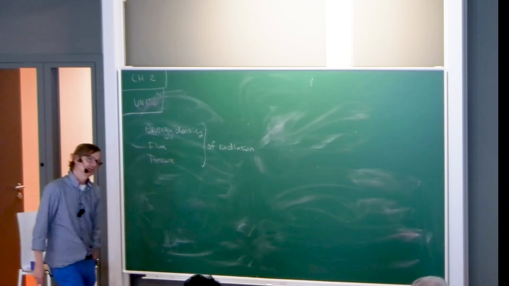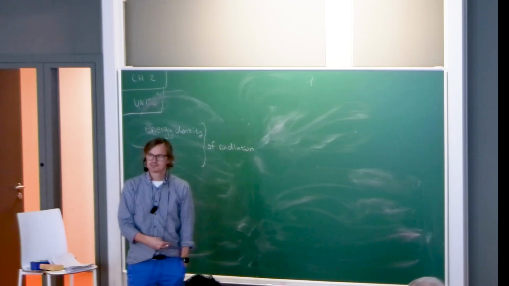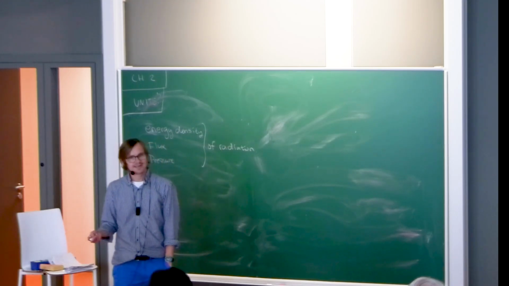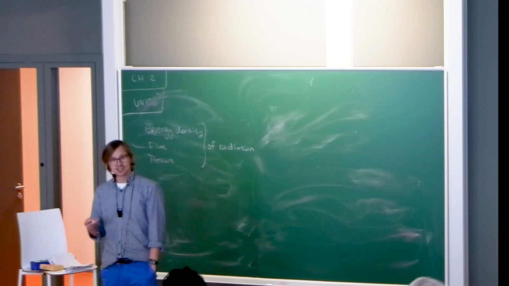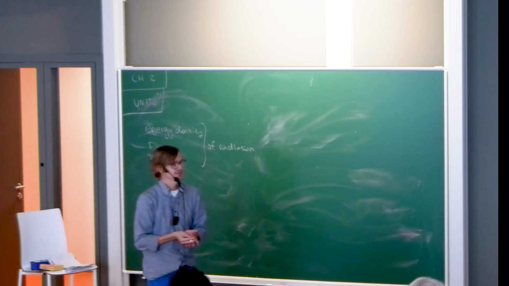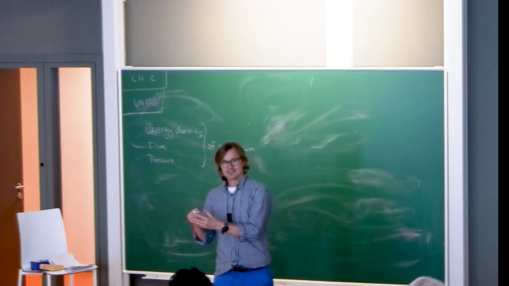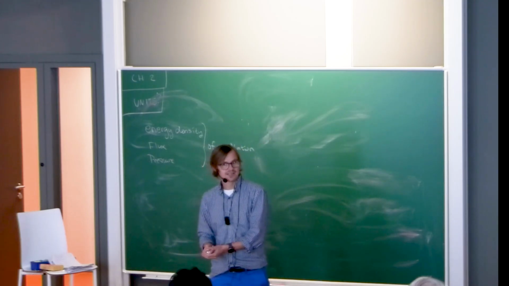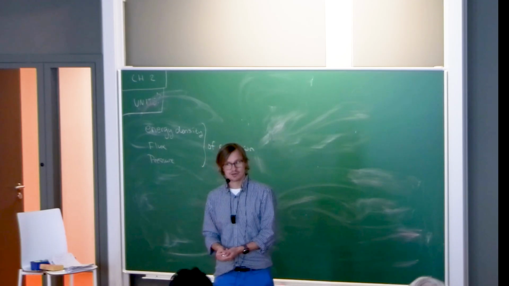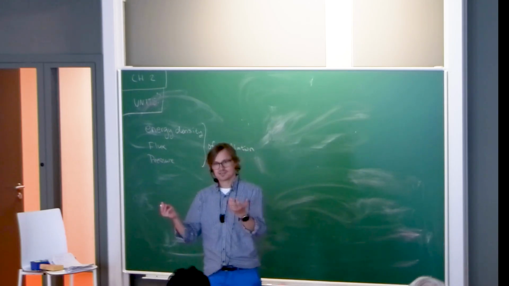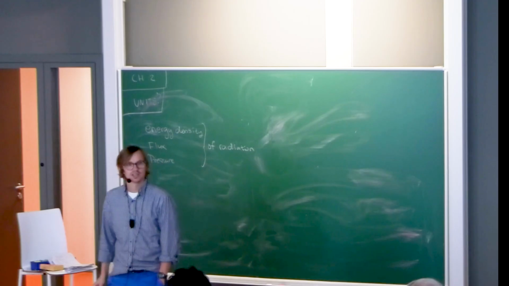And even more so, it was so for the universe itself, in the early universe. It's not anymore. The energy density of radiation, on average in the universe, today is actually very low. But in the early days, it was the dominant part. And this is another thing that we will come back to when we discuss the cosmic background radiation in the course.